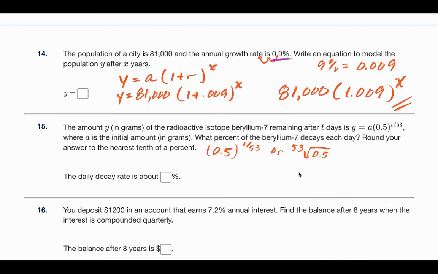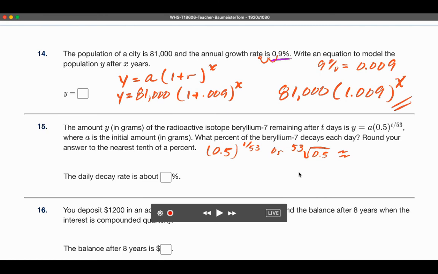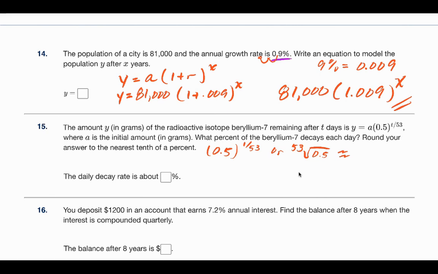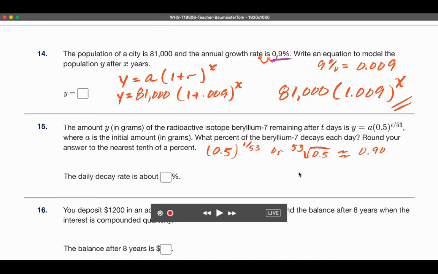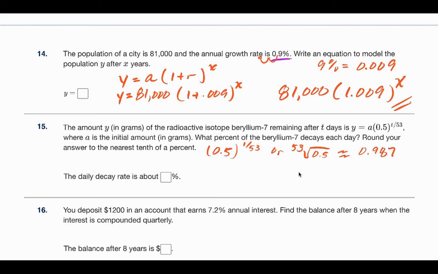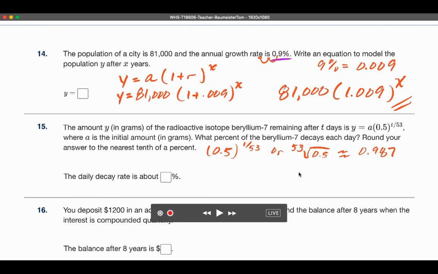And when I do that, and I plug it into the calculator, either way, I will get 0.987. Okay? Now when I get that, remember, that is my decay rate.